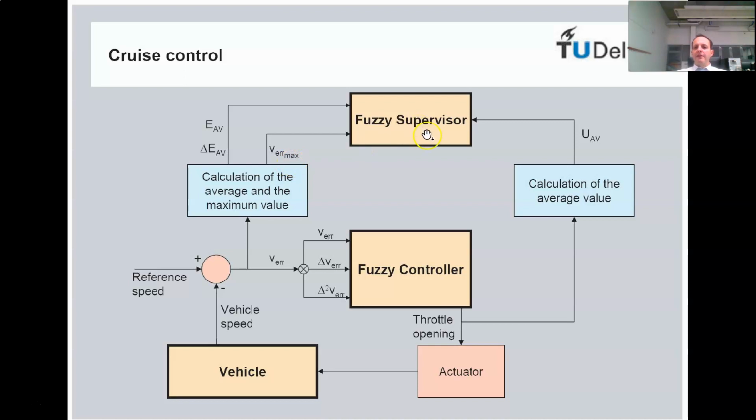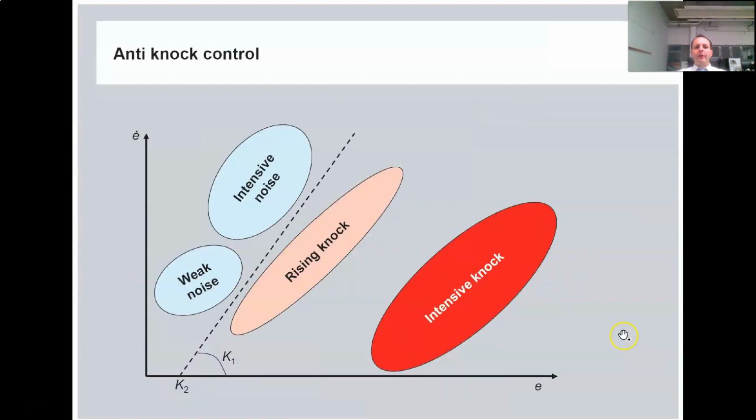Then some average values of the throttle opening are used by the actuator and in turn by the vehicle, so the vehicle is generating the vehicle speed and the reference. So we have the velocity error depending on the inputs of the fuzzy controller, and then we have the closed loop of the system.